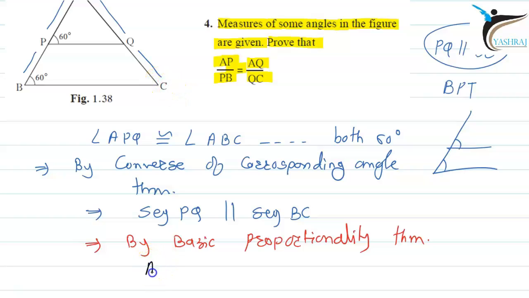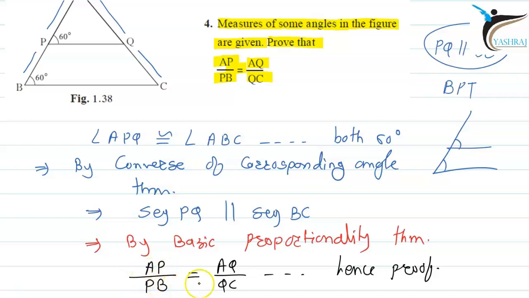Means the intercepts of the form AP and PB, and on the next side the intercepts AQ and QC, are in equal proportion. Hence we have our proof. Look at the proof: we had to prove AP divided by PB equals AQ divided by QC.